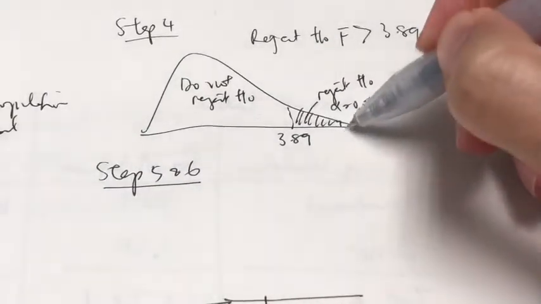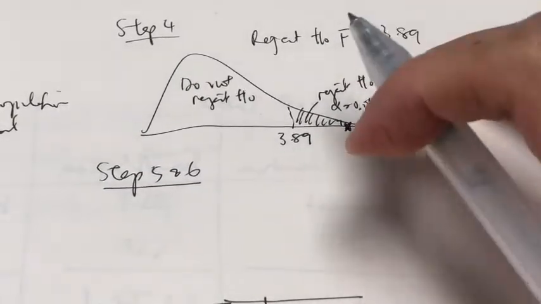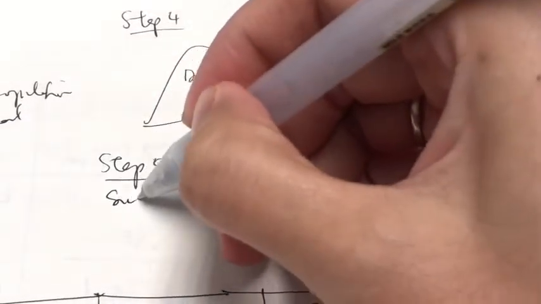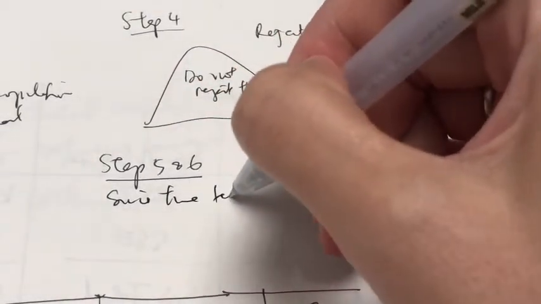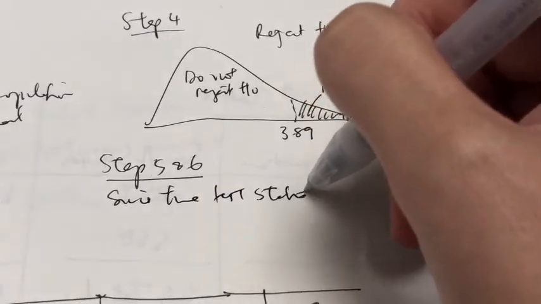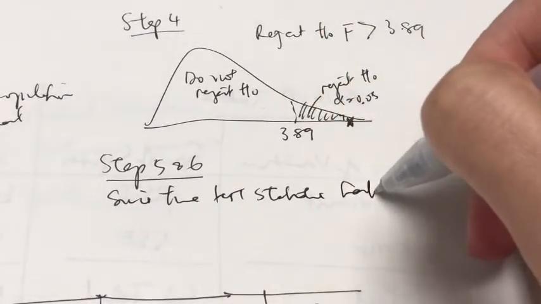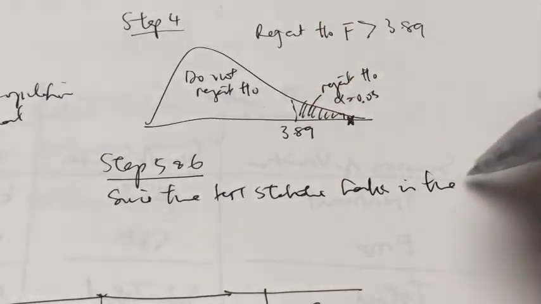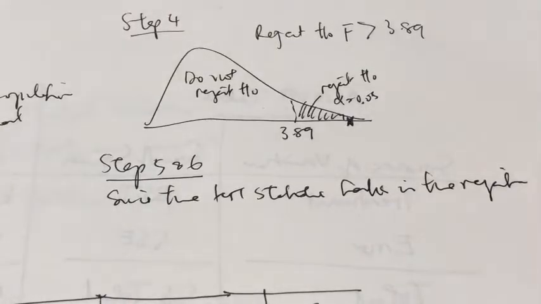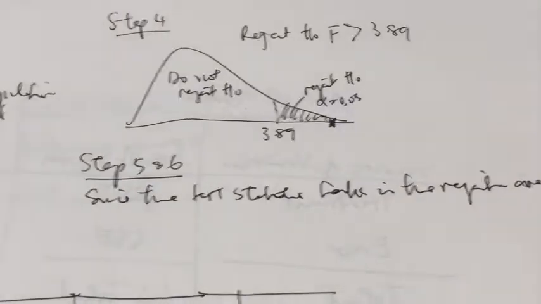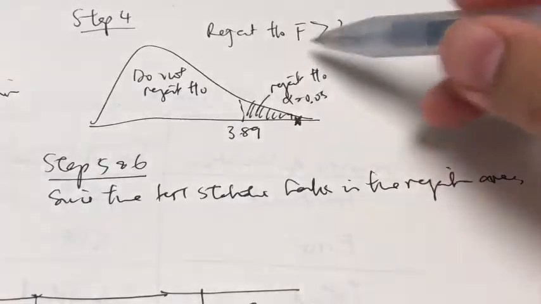So where is it? It's somewhere here, yeah? Okay, so we can see that since the test statistic falls in the rejection area, what we do, we reject the null, okay?